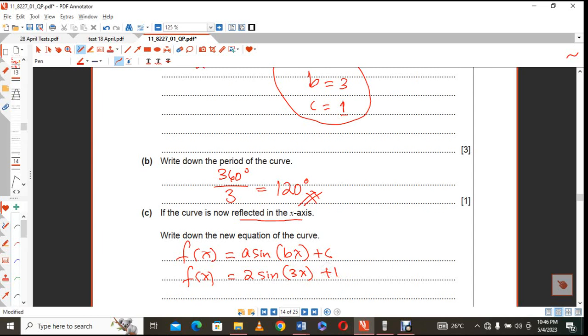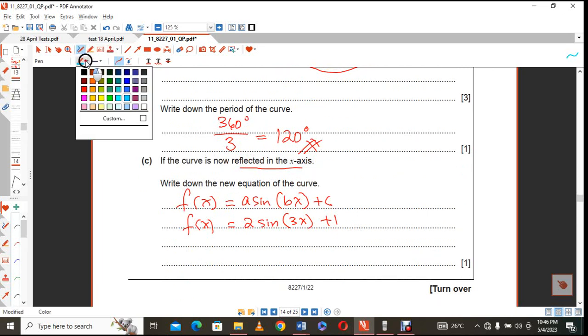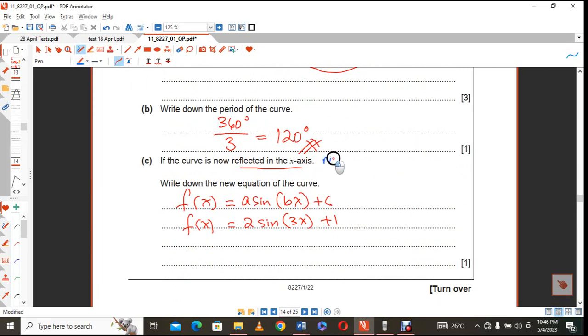But our function now completely is: our a value is 2, our b value is 3, our c value is 1. In order to have a reflection in the x-axis, and this is a very important thing that you should never forget, okay? You multiply the whole function, I'm just going to say multiply f of x, then you have an idea, okay? Multiply the whole function, in this case multiply f of x, by -1.